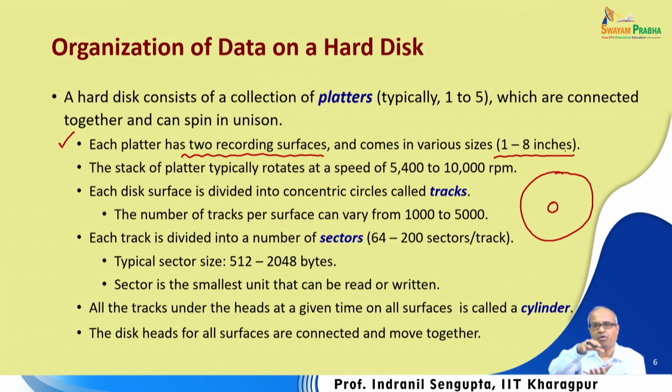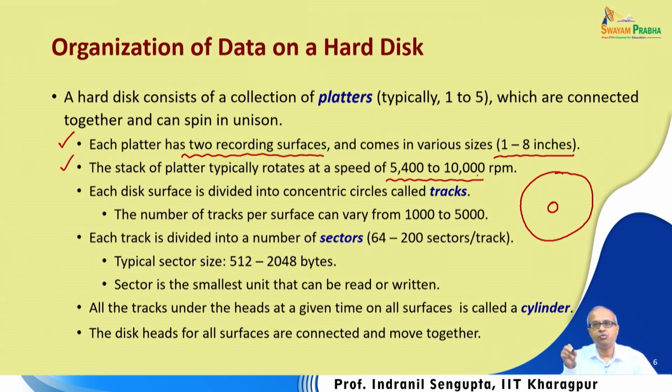Not just one platter, all the platters which are sitting on top of the other, all of them rotate together. So, this stack of platters rotates together at high speed, typically 5400 to 10,000 revolutions per minute. This is the typical speed of the hard disk units that are available in the market.